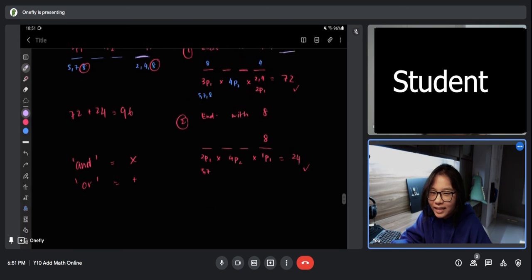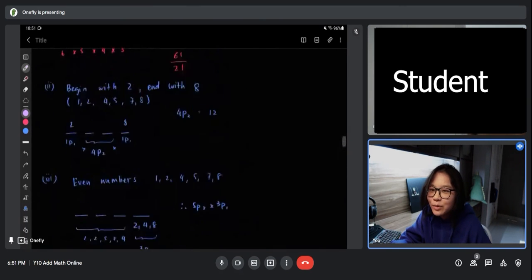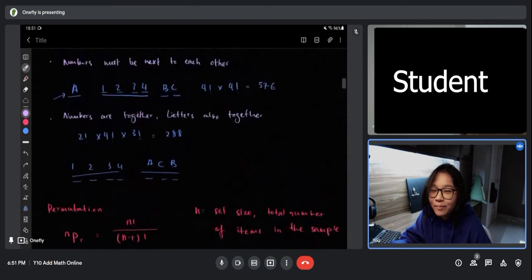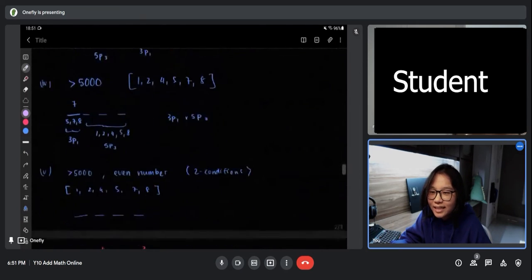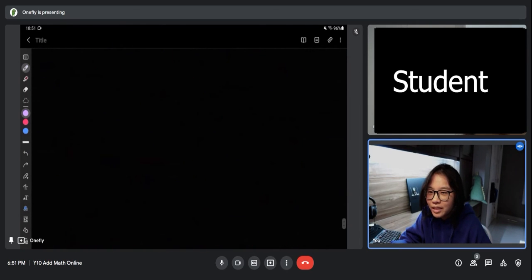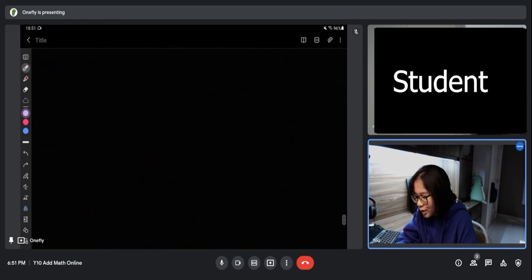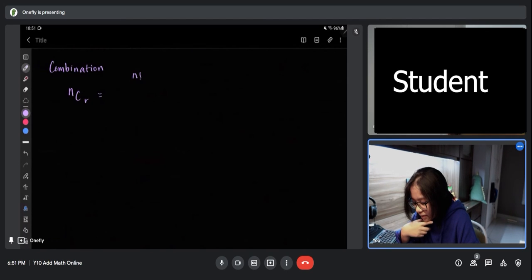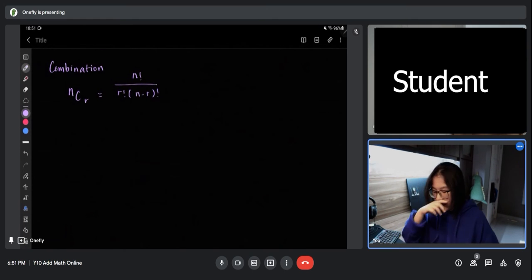Permutation for now is done. I think you definitely need some practice. If we have time, then we will do some practice questions. But now we're going to move on to combinations first. The combination is given by nCr. Formula is n factorial over r factorial times n minus r factorial.